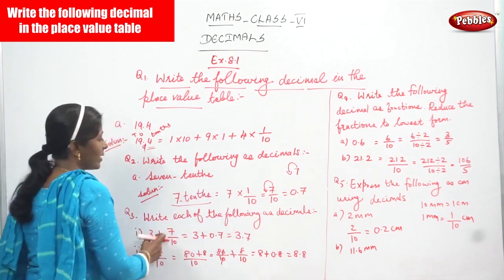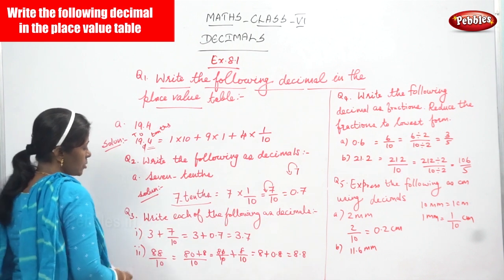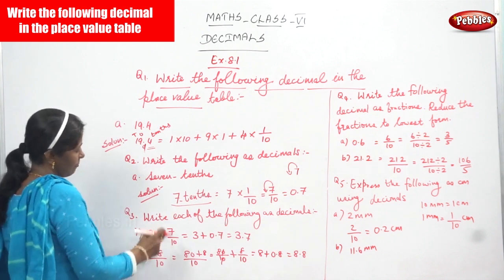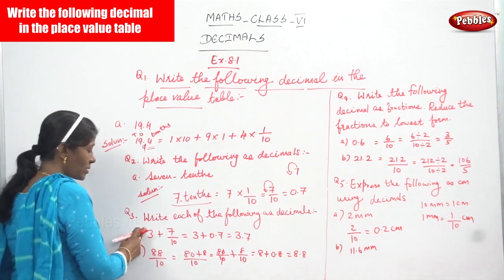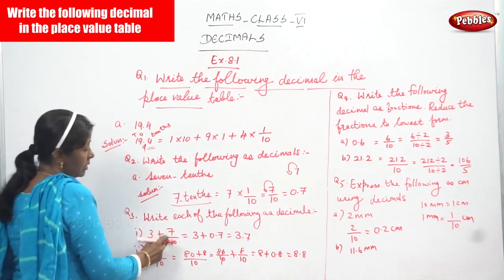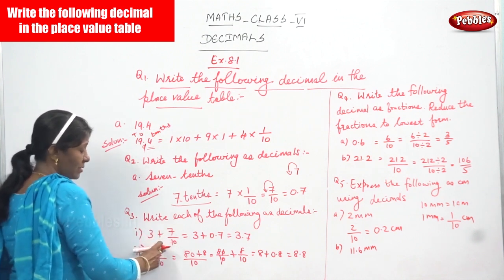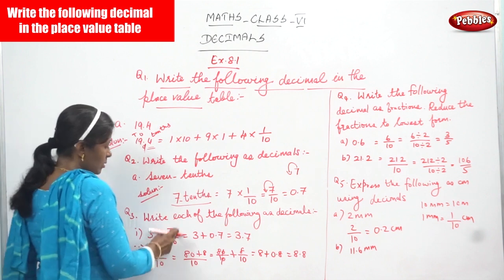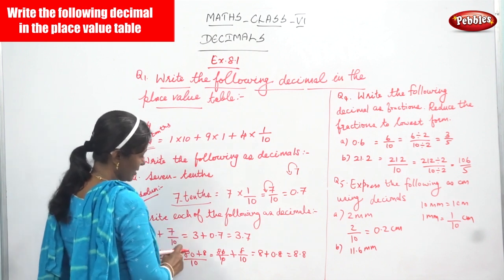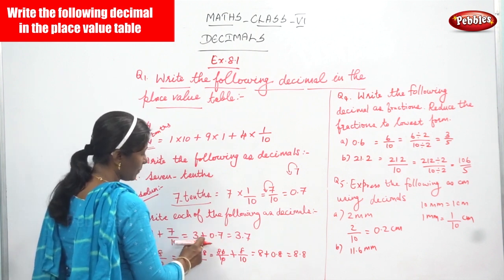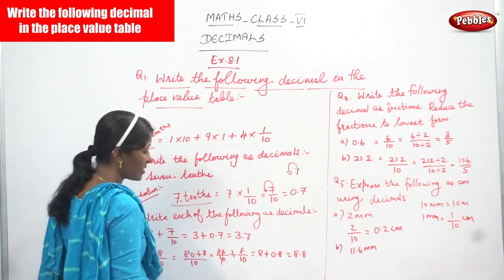The third question, write each of the following as a decimal. So 3 plus 7 by 10. 3 is a whole number. This is 3 ones plus 7 by 10. This is the fraction method. So this 7 by 10, 7 tenths, you have to make it a decimal. 7 by 10, the answer is 0.7. So 3 plus 0.7 you get 3.7.